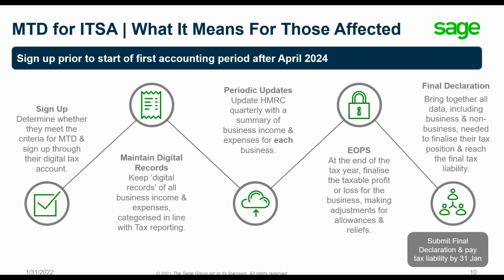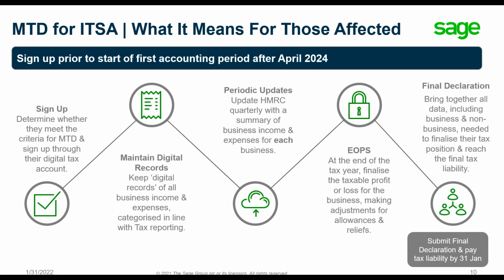It will require digital record keeping of all business transactions and an electronic update of summary totals of these transactions on a periodic basis, again at least quarterly, from software to HMRC using APIs.